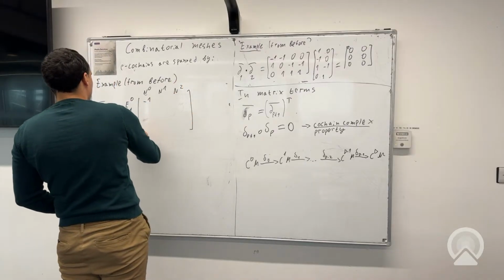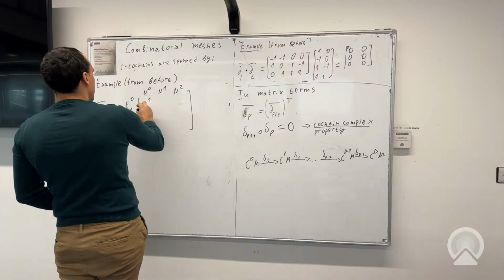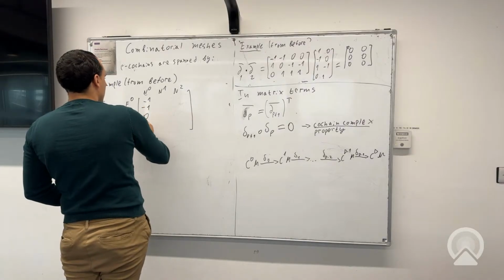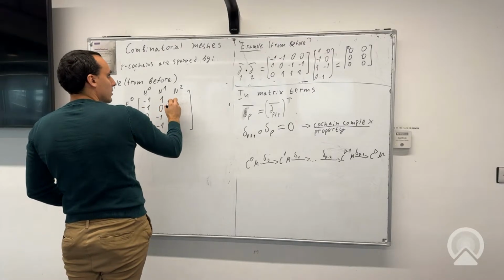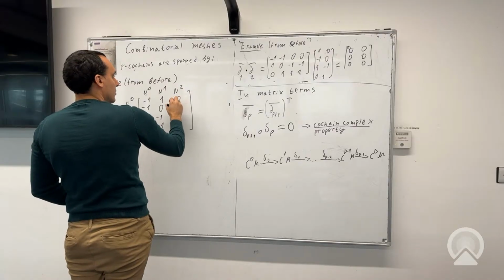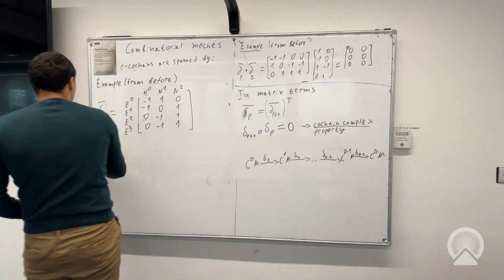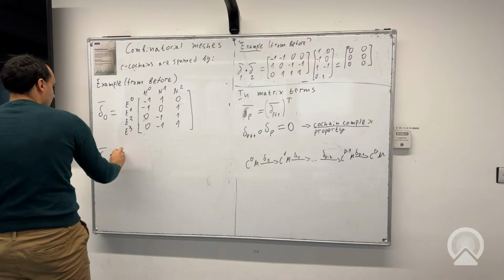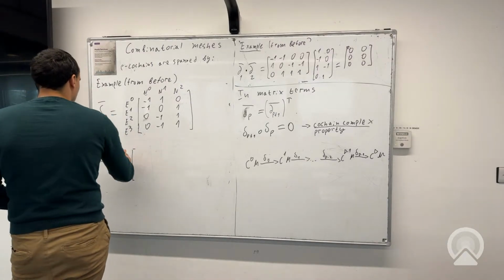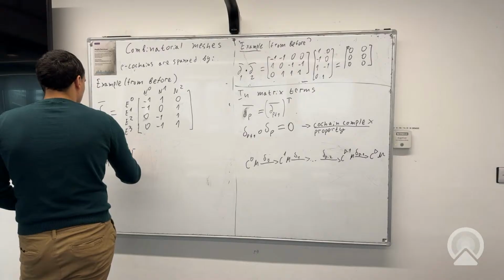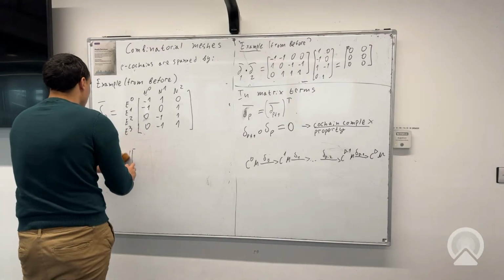Okay, so we have -1, -1, 0, 0, 1, 0, -1, -1, and then 0, 1, 1, 1, and delta 1 will be... E0, oh, sorry.